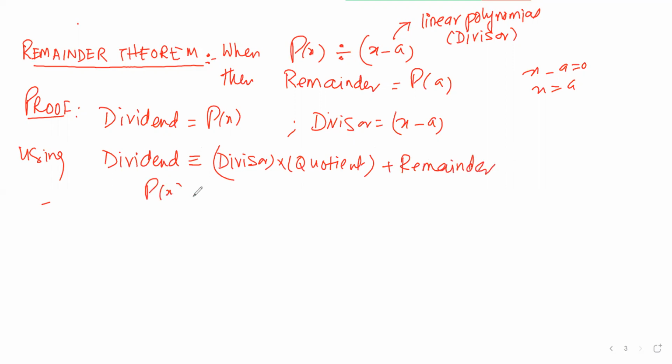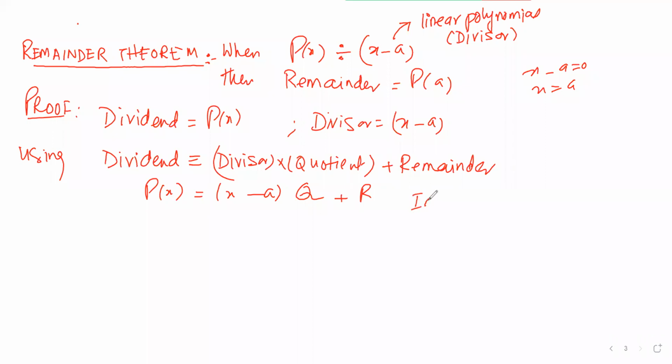So p(x) is the dividend, the divisor is x minus a, the quotient can be any quotient, and the remainder is unknown. And yes, the remainder must be a constant because the divisor is linear. We have this basic knowledge. Next, this is the identity.